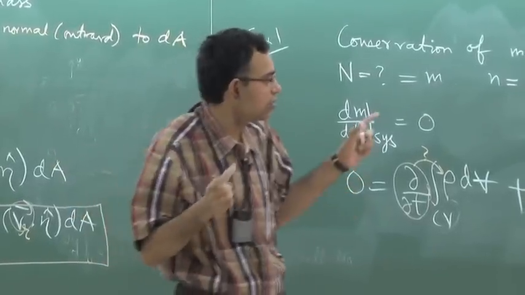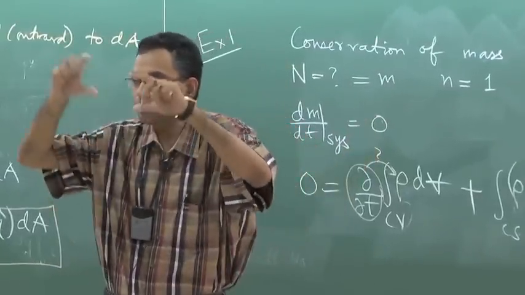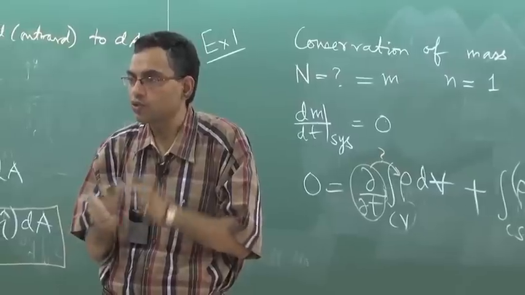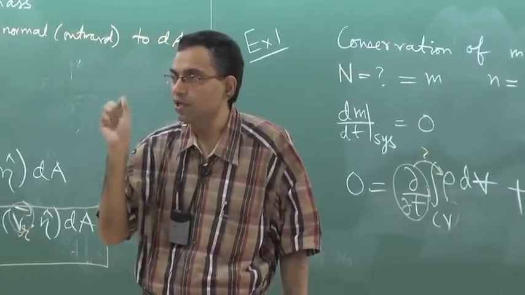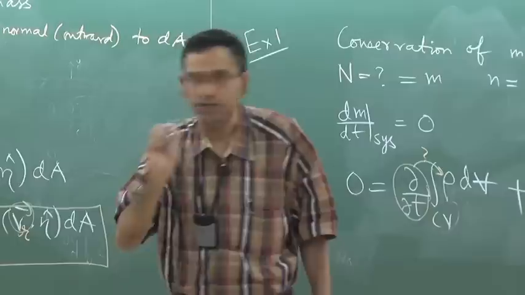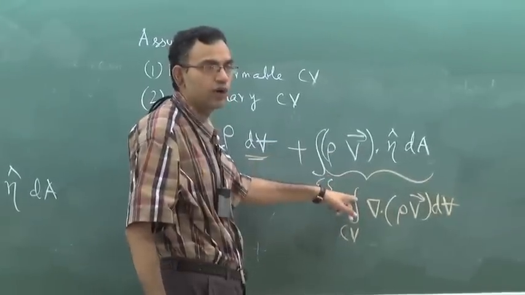By definition, the control surface is a surface that completely bounds the control volume. So, this is a very important prerequisite for the divergence theorem to be applied. So, when that is there, you can convert the area integral to volume integral.